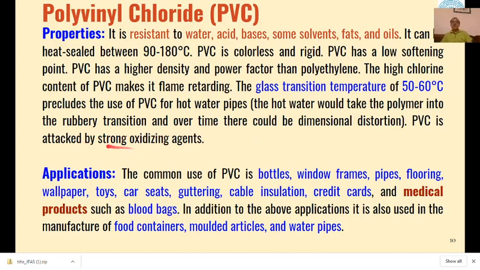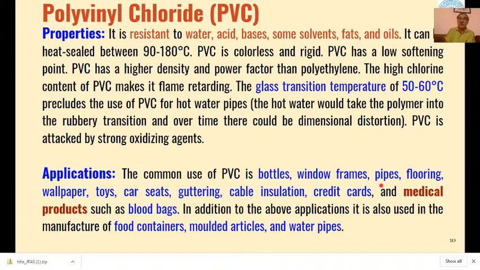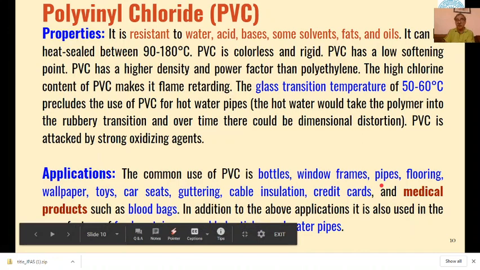This is attacked by strong oxidizing agents. So the applications where we are using strong oxidizing agents, there we cannot use PVC. And common applications: PVC is used in manufacture of bottles, window frames, pipes, flooring, wallpaper, toys, car seats, guttering, cable insulation, credit cards, then medical products such as blood bags, they are also synthesized from polyvinyl chloride.